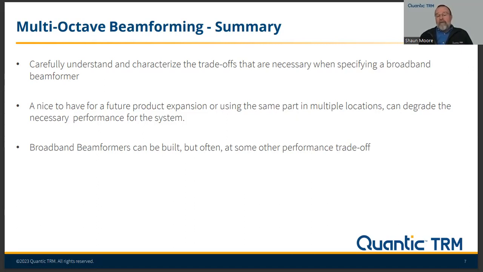That's very different from a must-have, which is the beamformer has to work over this band to this band and have very good insertion loss and very good phase tracking characteristics. It's always important to go through all those trade-offs and make sure that what you're asking for is really what the system needs. Very often that comes down to what is a must-have for the system versus what is a like-to-have or nice-to-have for the system or for future performance.